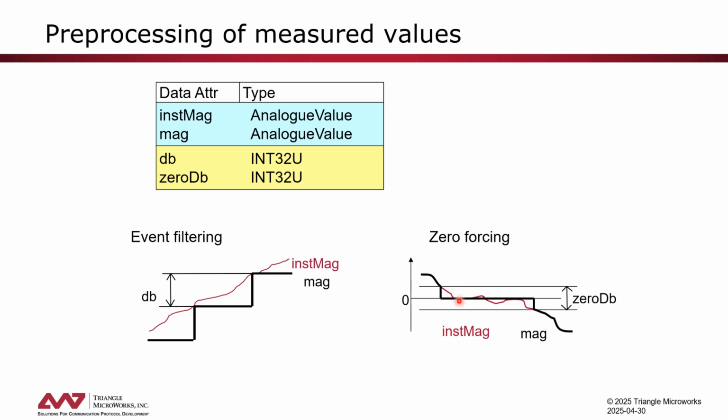From your analog digital conversion, you would typically have noise coming out, and to prevent this noise from being transmitted, you can define a certain range where you will force the value to be 0. Again, we use the concept of magnitude and instantaneous magnitude to model that. So our magnitude will be forced to 0 when we get into this range, and that's typically the value that you would like to see in your SCADA system.